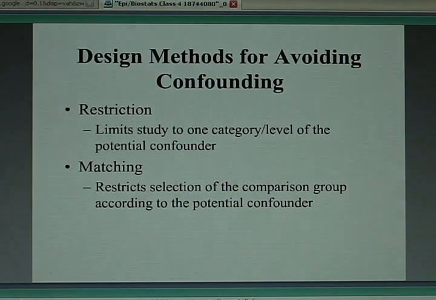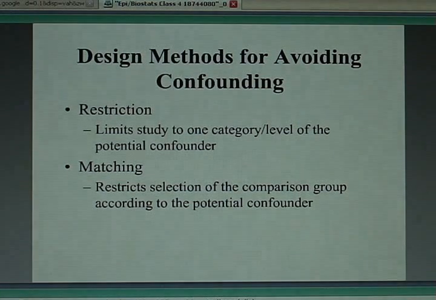So from your study, you're not going to be able to tell me anything about the effect of the exposure among women. You've limited your generalizability to only having a study with men. You've avoided confounding by gender, but the price you've paid is you no longer can talk about the effect of your exposure among women because you have no women in your study to measure its effect.